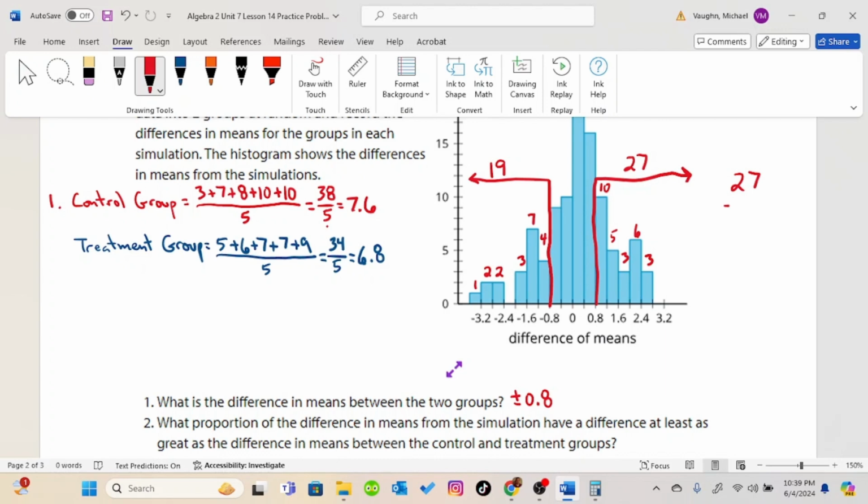So 27 plus 19 is 46. So the proportion is 46 out of 100, or 46%.